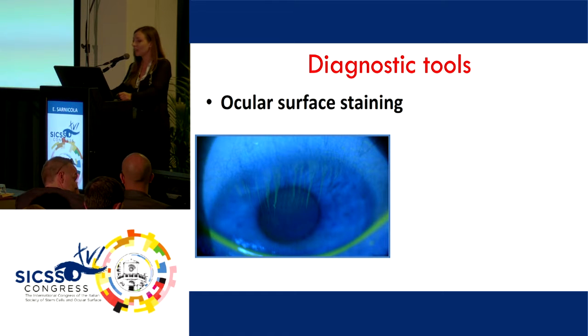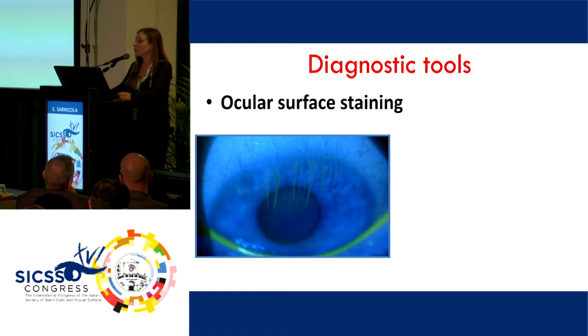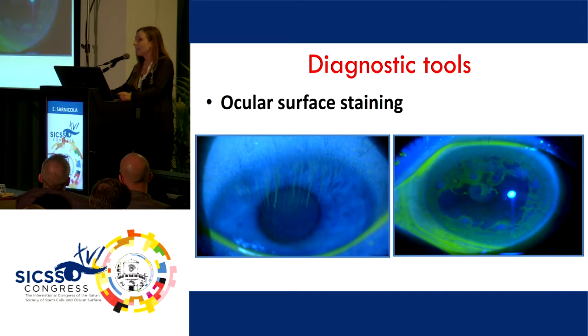So if we could recognize this early sign here, this patient was a contact lens wearer, we can urge the patient to discontinue contact lenses, and here in particular, where the limbal deficiency hasn't yet involved the whole limbus, we may consider that other or residual stem cells are still functioning.